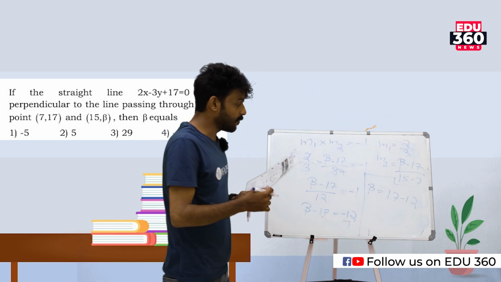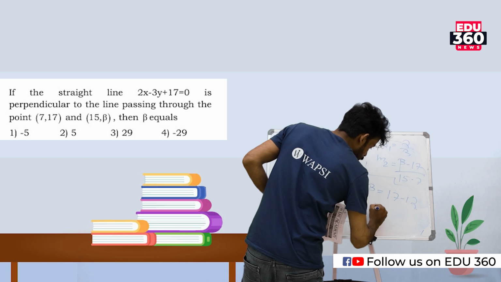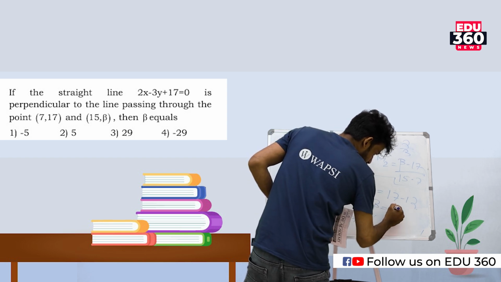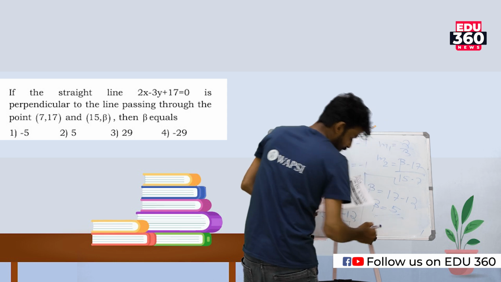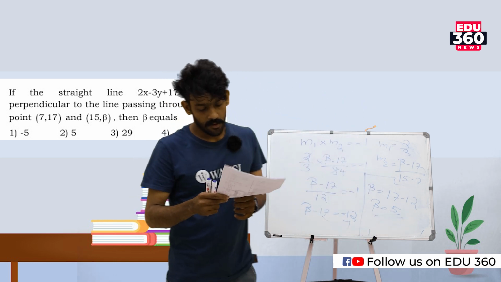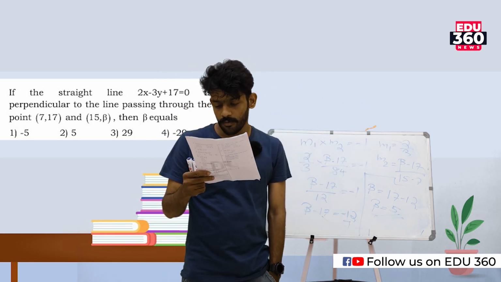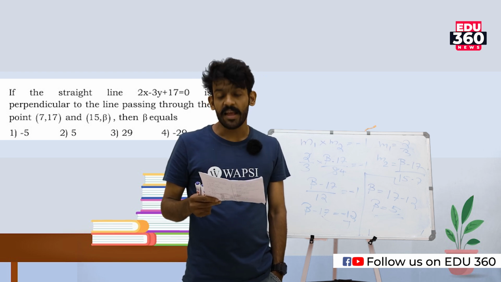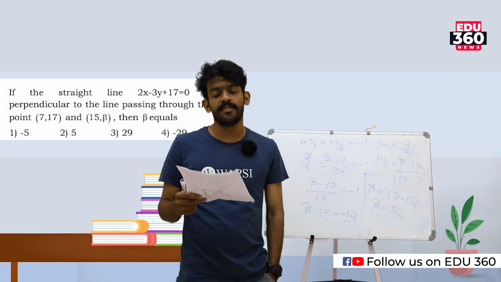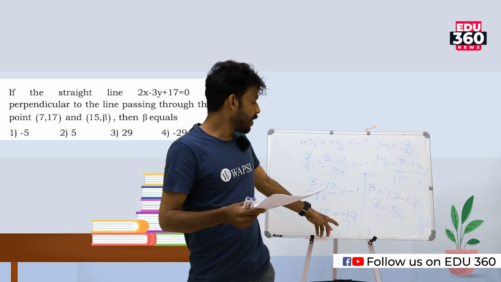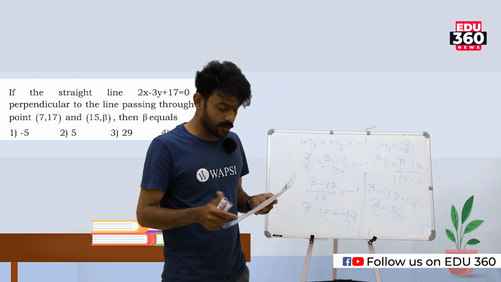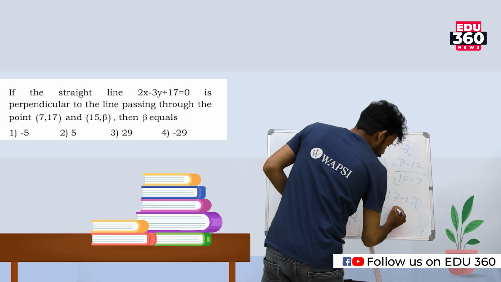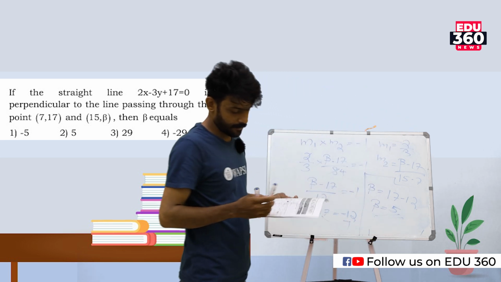The value of beta is equal to 5. Now look at the options: option B, the second option, is the correct answer. The value of beta is equal to positive 5.